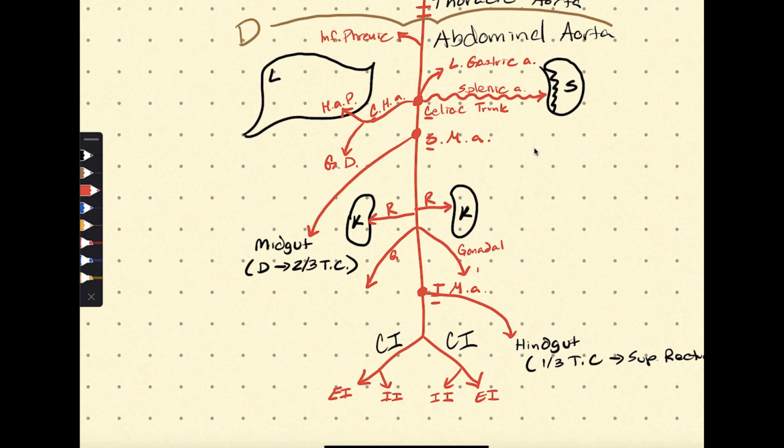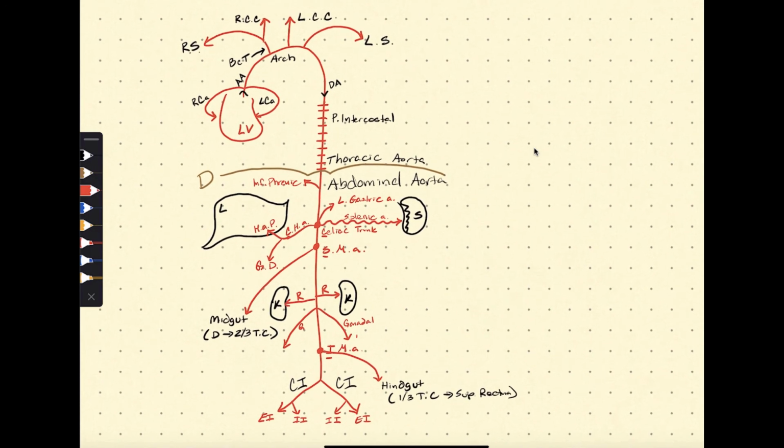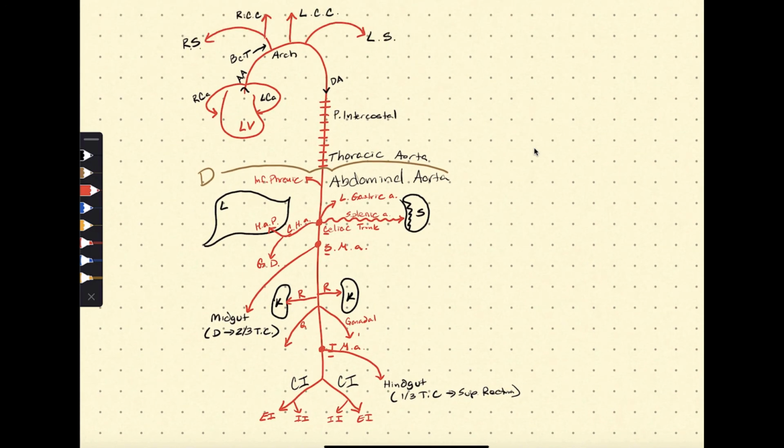So again, the goal of this tutorial was to show you the overall roadmap of the thoracic aorta and its branches and the abdominal aorta and its branches. Hopefully this was helpful. And there are certain areas in this that deserve a more detailed drawing.